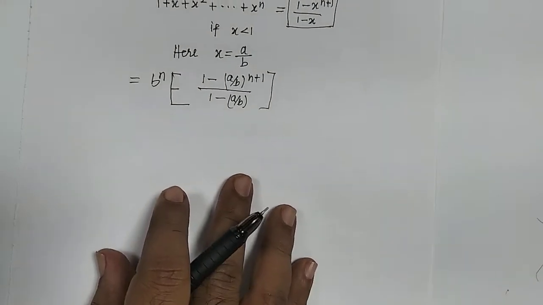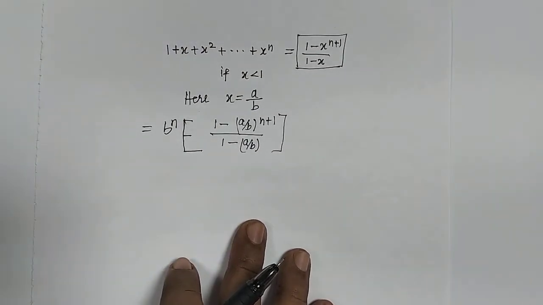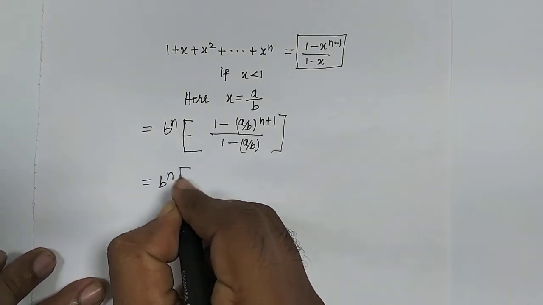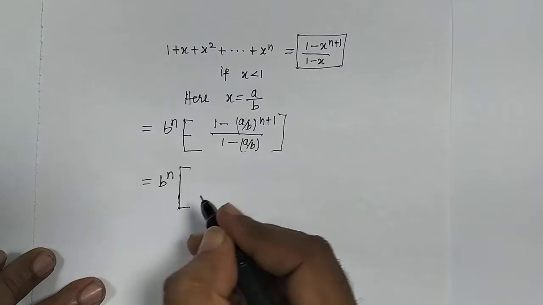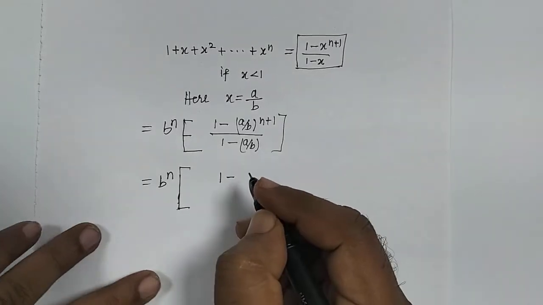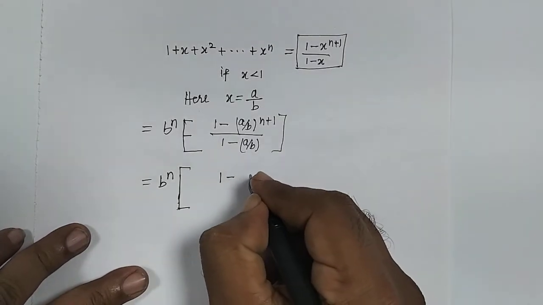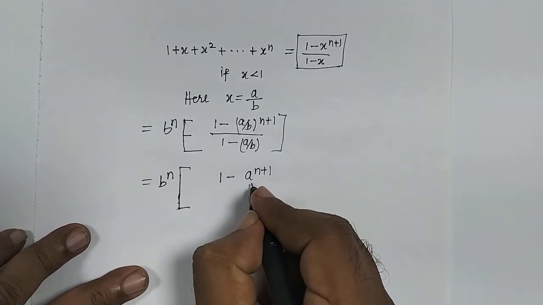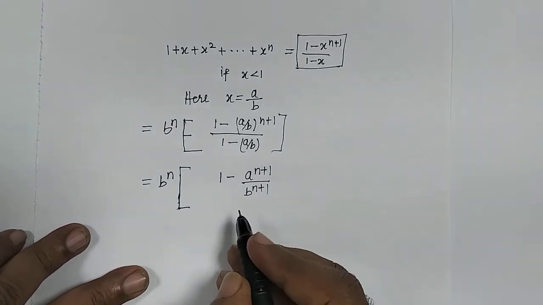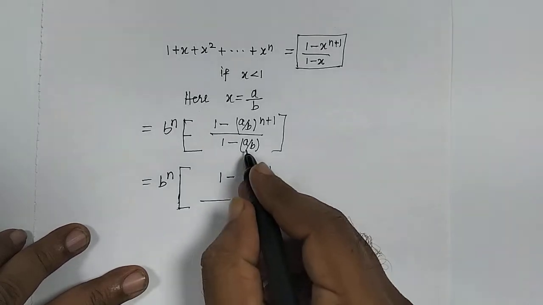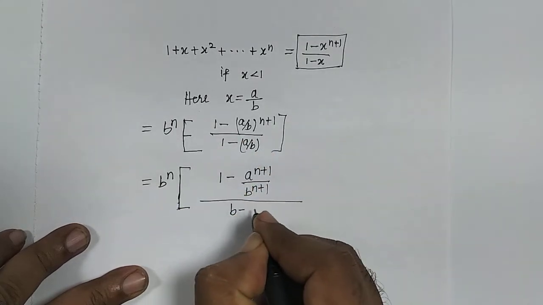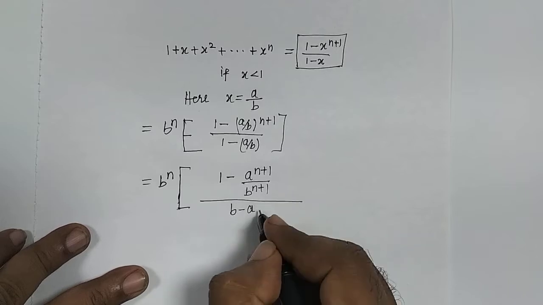Now I am going to simplify this term. I am writing b power n outside, and here 1 minus a power n plus 1 divided by b power n plus 1, and whole divided by, take an LCM, cross multiply, b minus a divided by b.